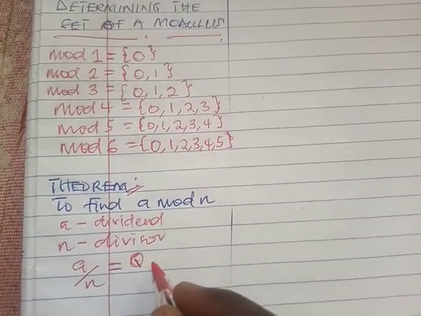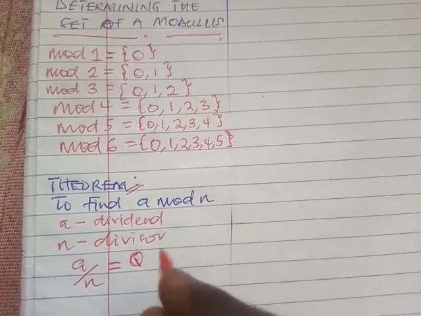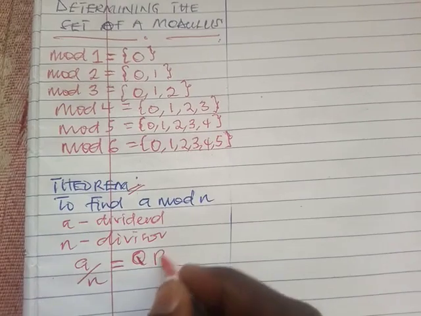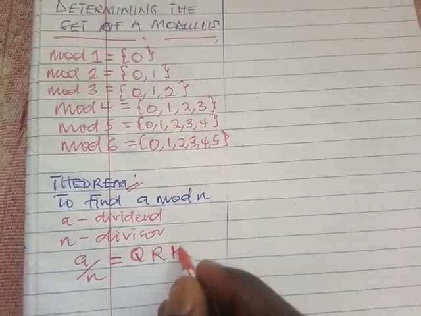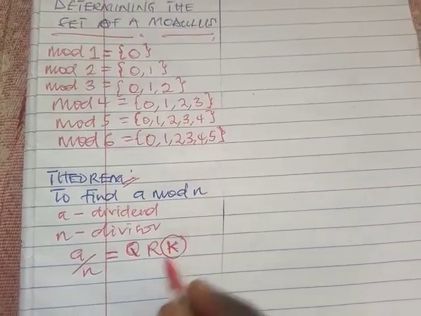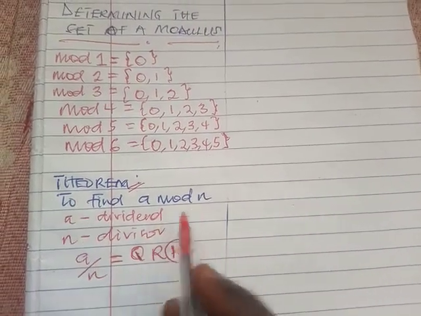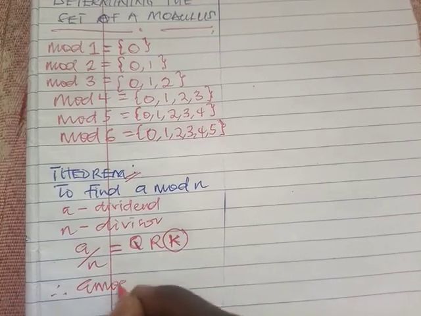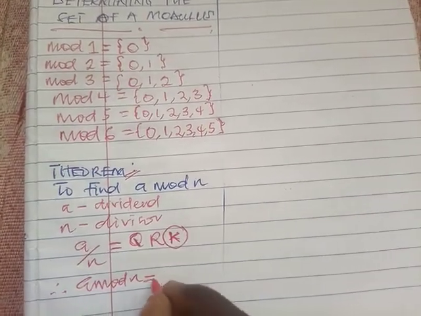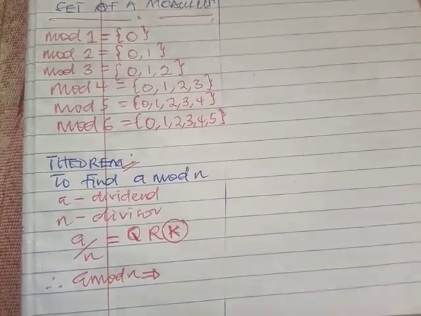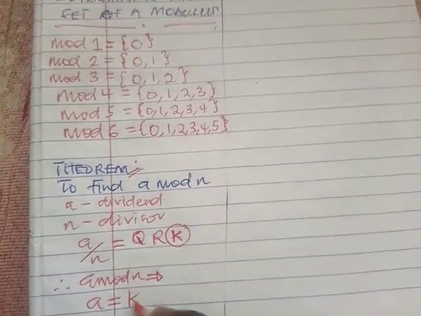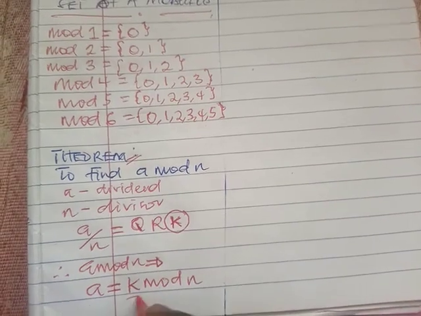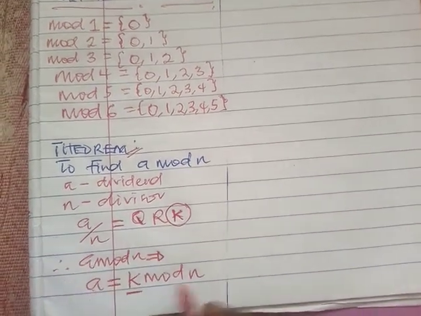All we need is a remainder. Assuming a divided by n is k remainder k, if k is the remainder, then the answer to this problem a mod n is a equal k mod n, where k is the remainder when you divide a by n.